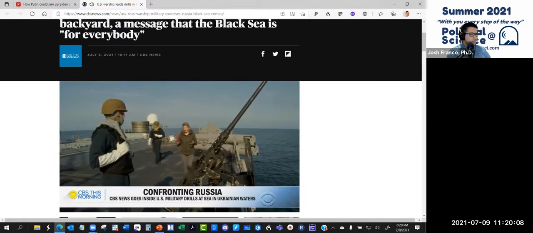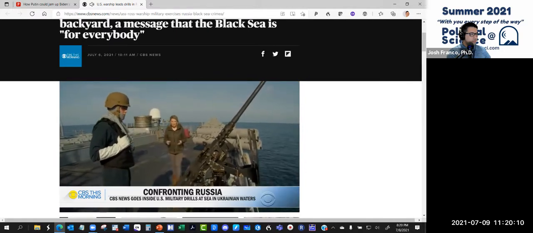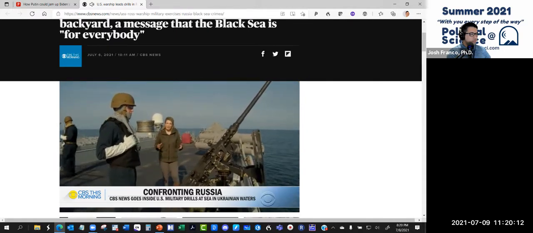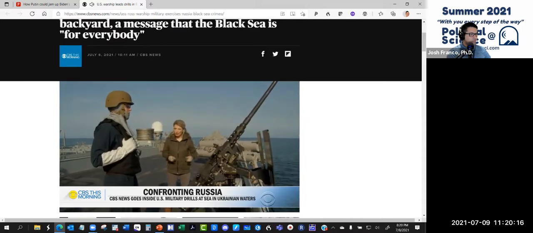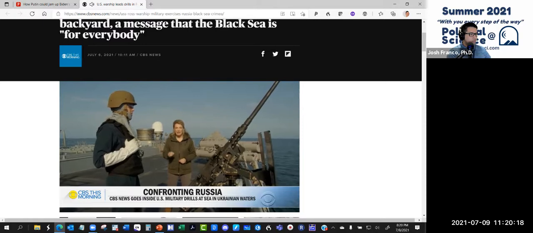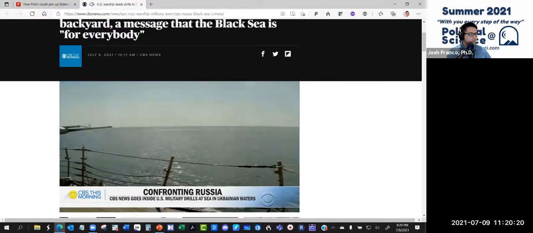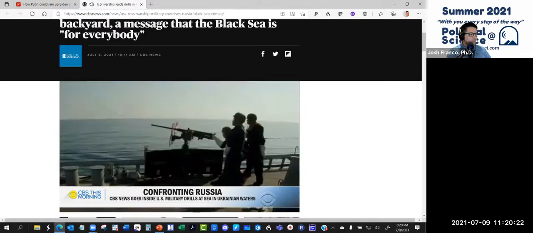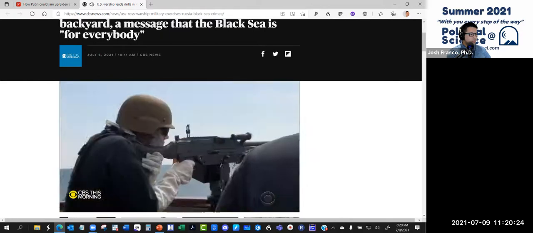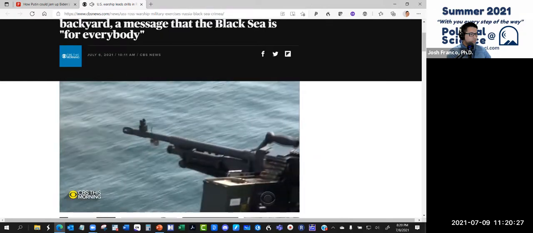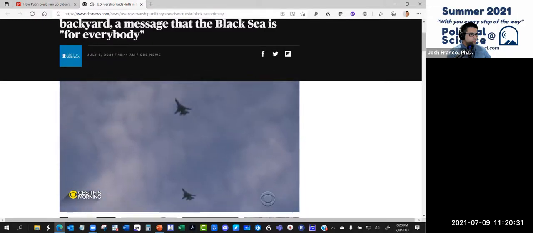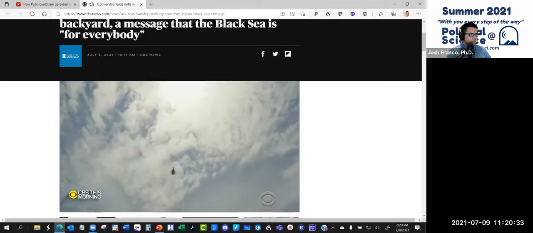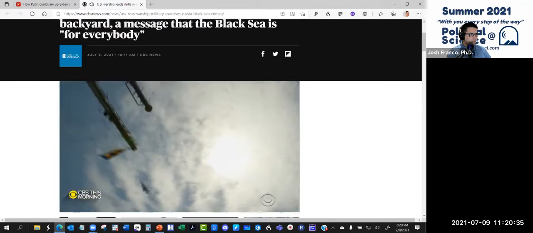We're sailing about 5,000 miles away from the east coast of the US. But as America's relationship with Russia has deteriorated, the Black Sea, which is Russia's backyard, has become a potential flashpoint. US sailors opened fire on a hostile craft, took aim at enemy warplanes and came under attack from fighter jets.